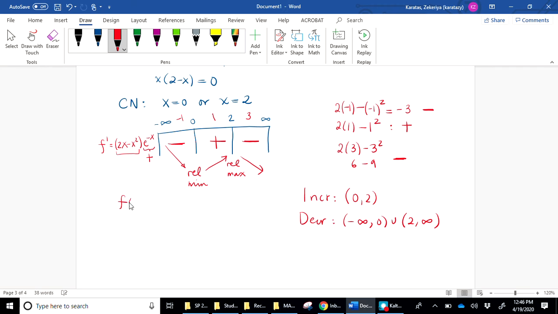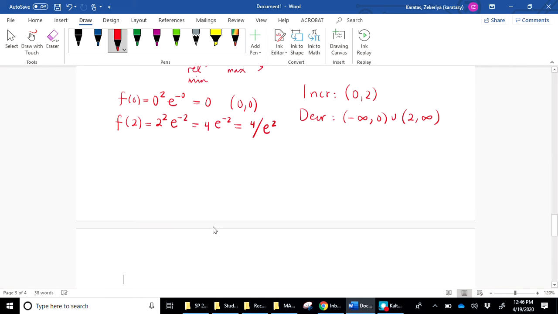So f of 0 is 0 squared times e to the negative 0, so that gives you 0. So we have the point 0, 0. And then f of 2 will be 2 squared times e to the negative 2. So that's 4 e to the negative 2, or in other words, sometimes you can write it as 4 over e squared.